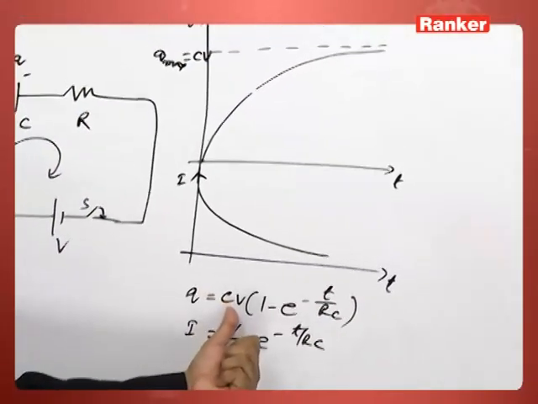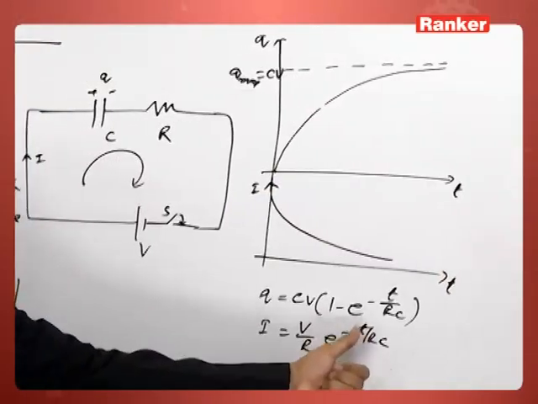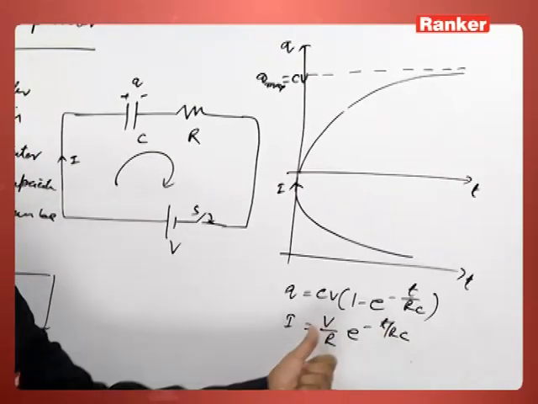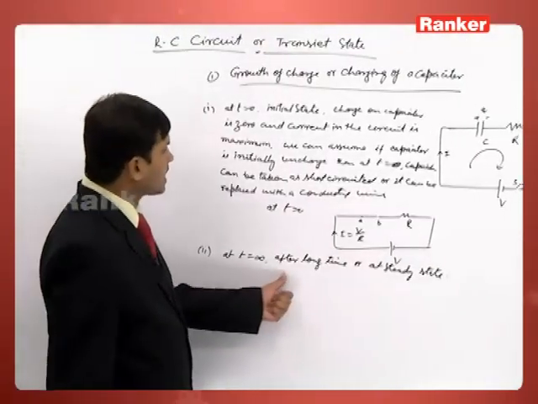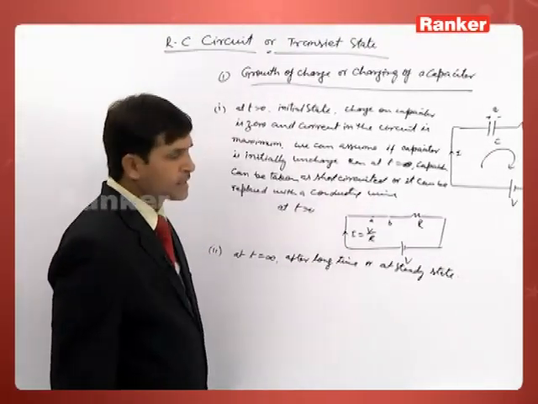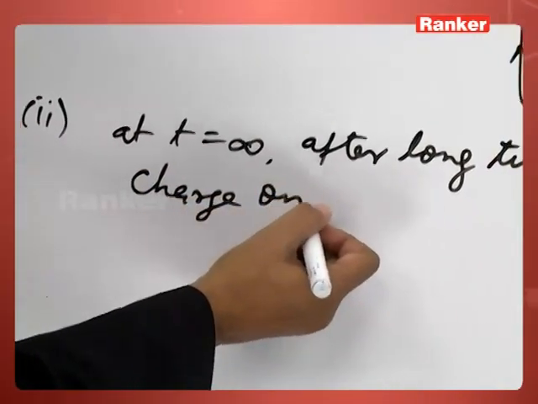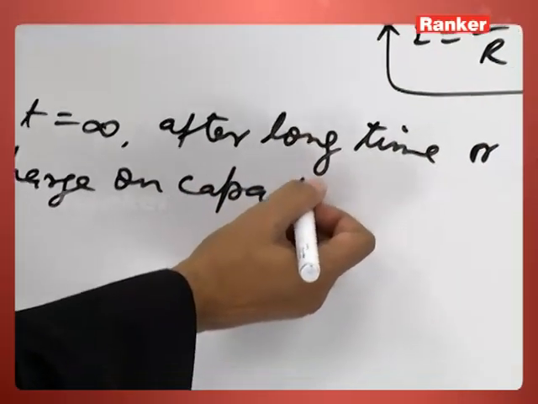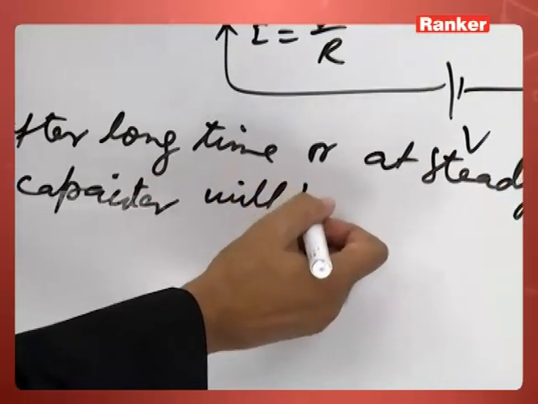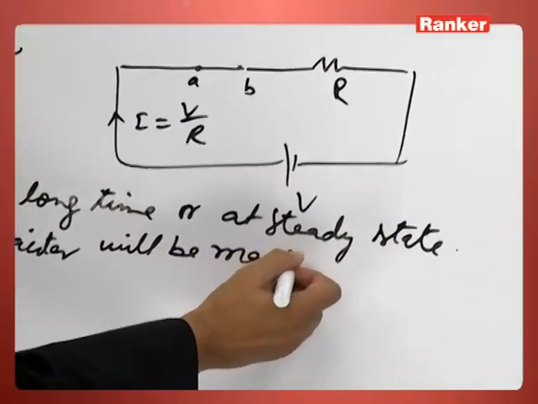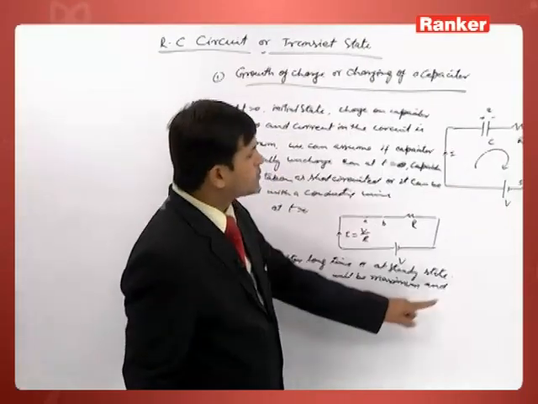So the charge on the capacitor is CV, which is the maximum charge, and the current at t infinity, e to the power minus infinity, will be 0, so the current will be 0. So at t equal to infinity, after a long time or at steady state, the charge on the capacitor will be maximum, and there is no current.